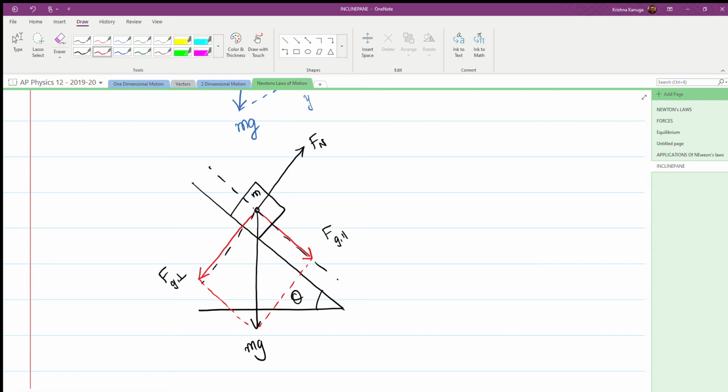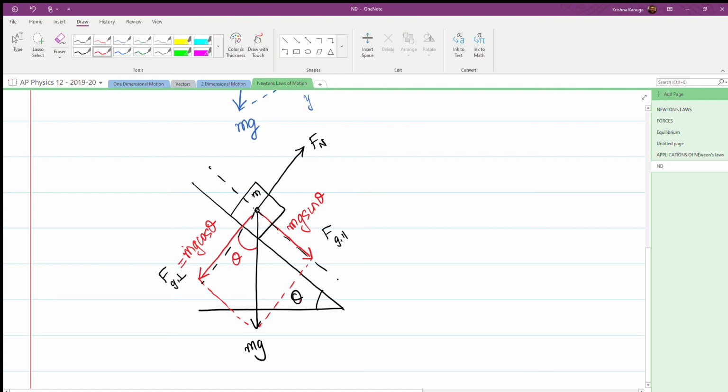Having said that, once again, we know that this angle is theta. So this angle here would be theta, which is the angle that FG perpendicular makes with the actual vector. Therefore, our components would be mg cosine theta for the perpendicular component and mg sine theta for the parallel component.